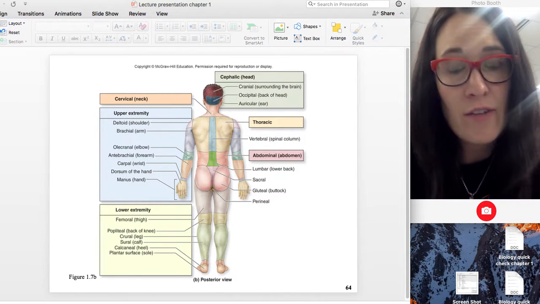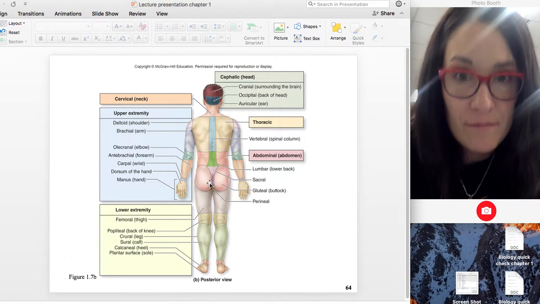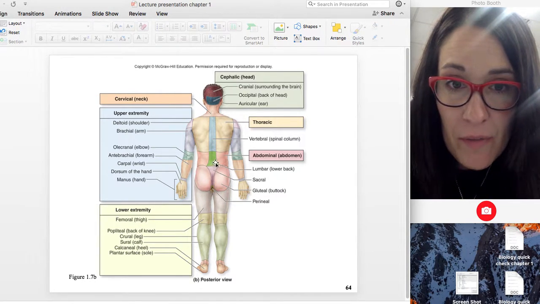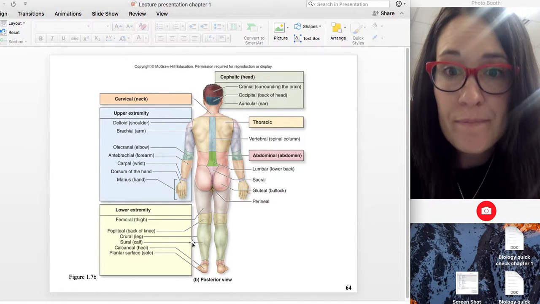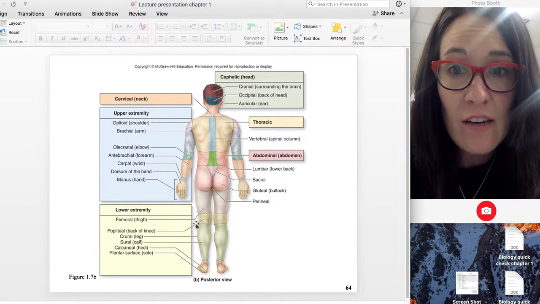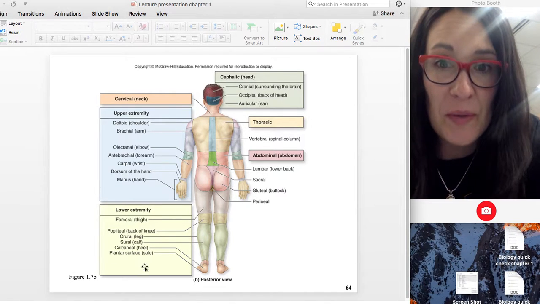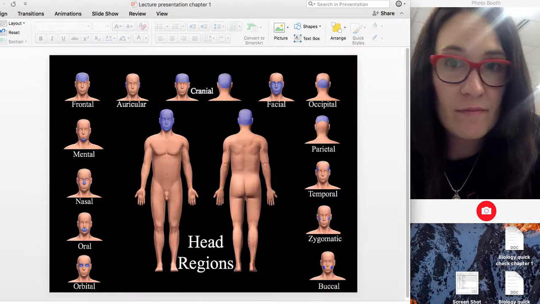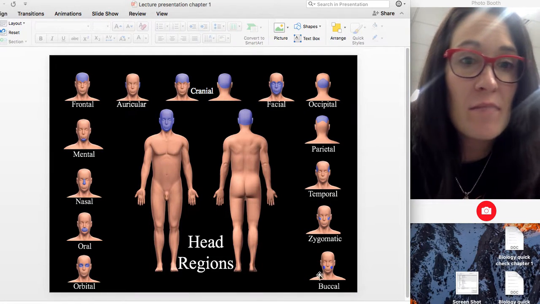Here's the back side. There are going to be some parts of the body that you can't see on the front side. What's a good example? Your lumbar region is your lower back. The back of the knee is called the popliteal region, which is a really fun word to say. And then these are those different regions highlighted in blue.